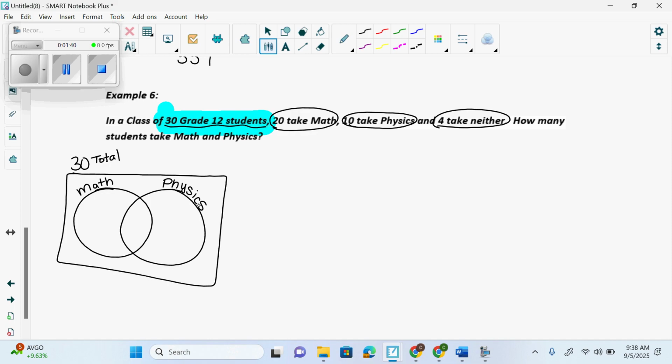If we're given every part but the middle, and we're given the total, remember, just like we ended with last day, we can count up the number of tickets that people put in. So when they came up to the desk and said they're in math, they're in physics, or they're in neither, it'd be an M, a P, or an N. 20 of them put in math tickets. 10 put in physics tickets, and 4 put in neither.